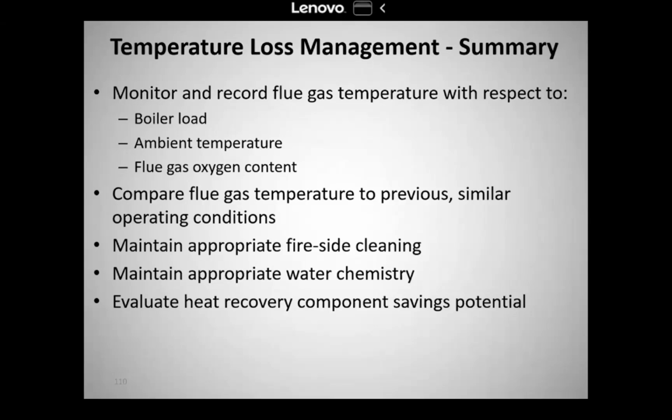Compare flue gas temperature to previous similar operating conditions. But you've got to get the parameters, the ambient temperature, the load, and the flue gas oxygen content to have been in a similar range to do a fair comparison. Maintain appropriate fireside cleaning, maintain appropriate water chemistry, and evaluate heat recovery component savings potential. And we will get into that.